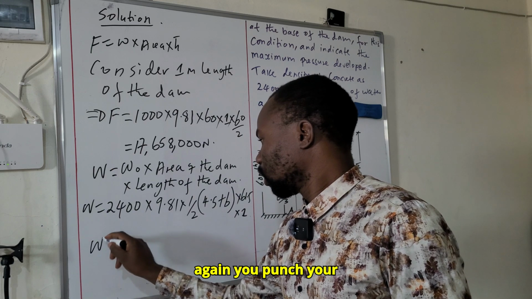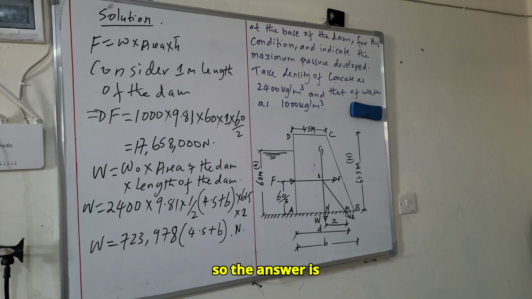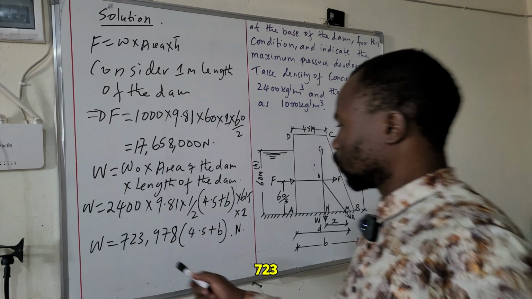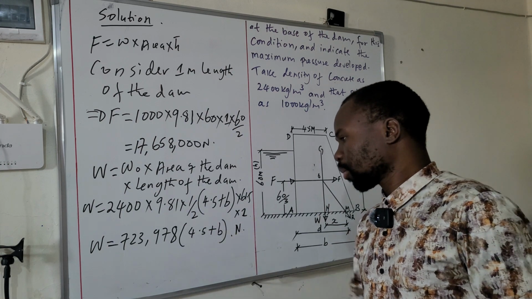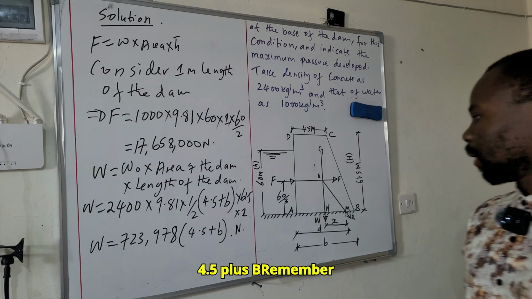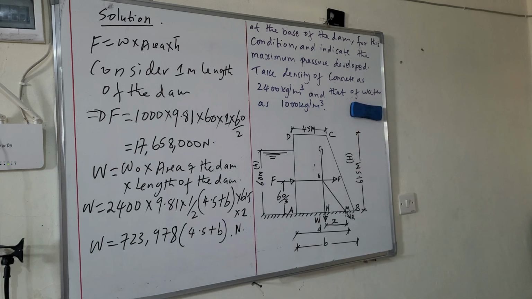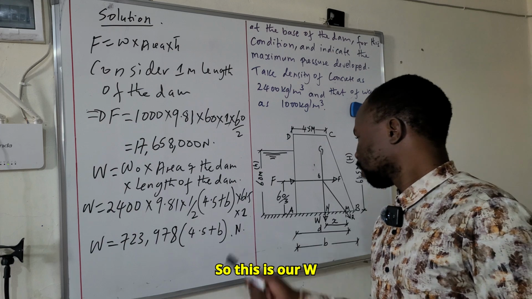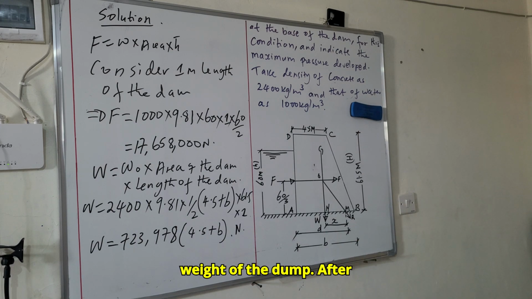Again, you punch your calculator to obtain W. So the answer is 723,978 into bracket 4.5 plus B. Remember, our unit is Newton. So this is our W, weight of the dam.